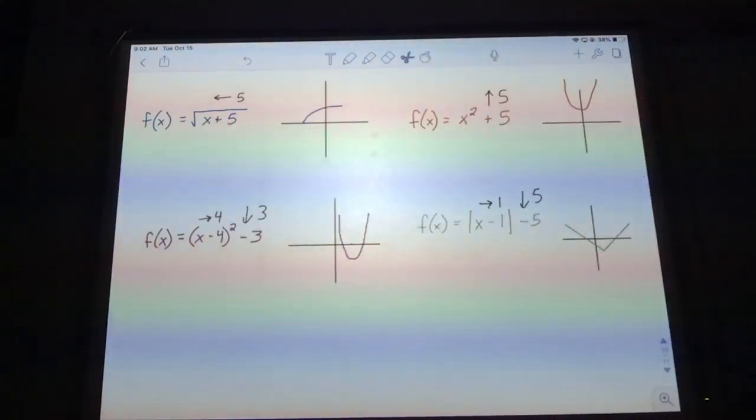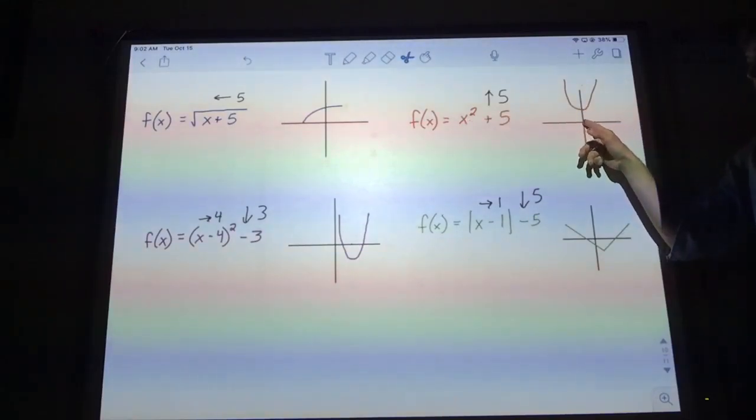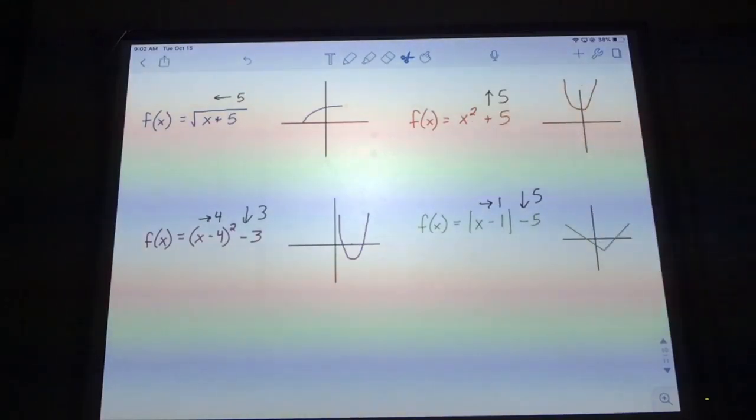Plug in a 0 and a 1. They should end up in a specific place. If you plug in a 0 here, it should be on 5. If it's not on 5, if it's down here, then you know you did something wrong. So you can always plug stuff in. I just think it's easier if you know these 2 things. Up and down is just your y-intercept. We've been working with that all year. Left and right is opposite when it's connected.